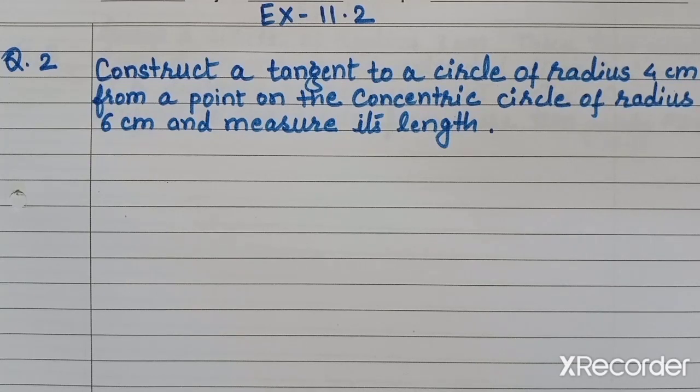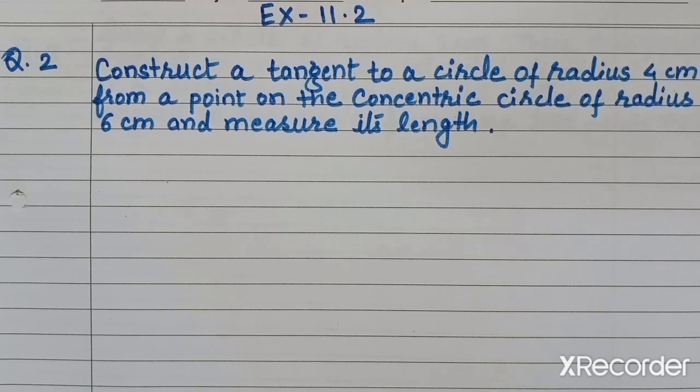One is of radius 4 cm and the outer one is of radius 6 cm, and then we will take a point on the outer circle, and from that exterior point we have to draw tangents to the inner circle. I hope you know the meaning of concentric circles. What does it mean? Two or more circles having the same center and different radii.